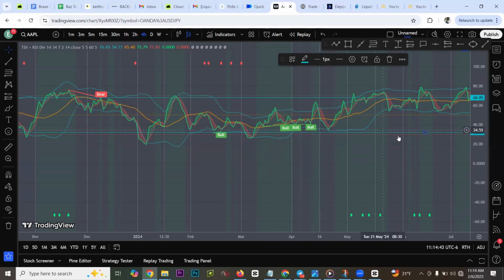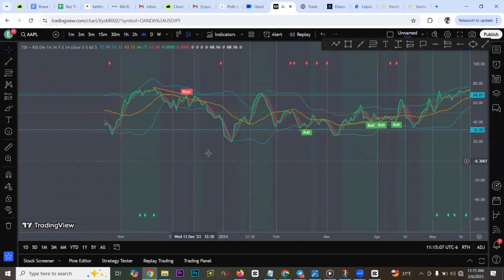Now, when I say price, let me correct that. You want this orange line to come up here, break above, and then break back below. That's when you know the reversal is happening to the downside. When the orange line breaks below the 32 and then breaks back above it, you know price is going to be reversing to the upside.